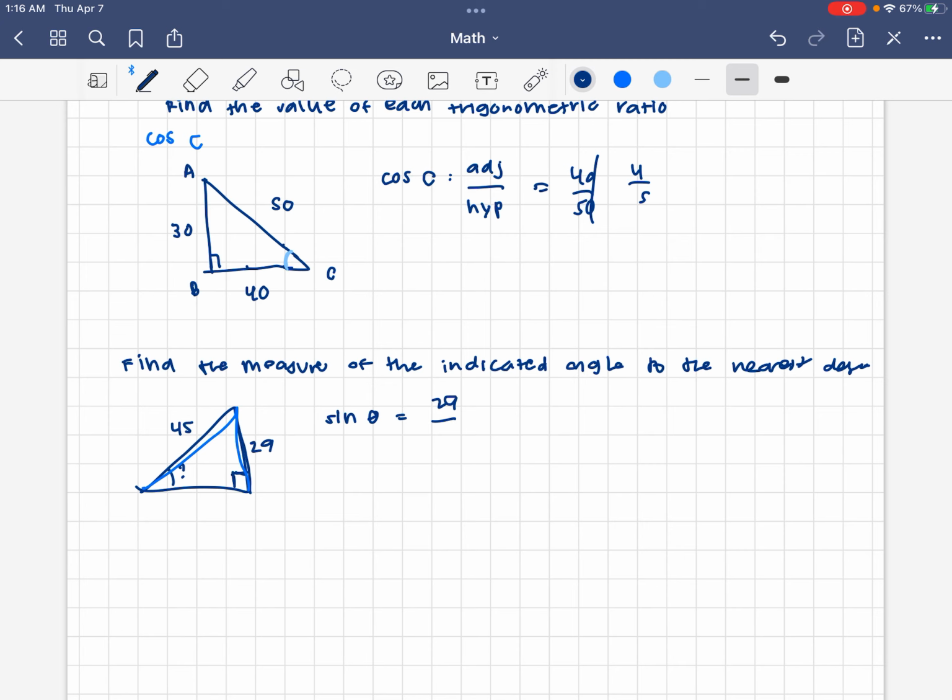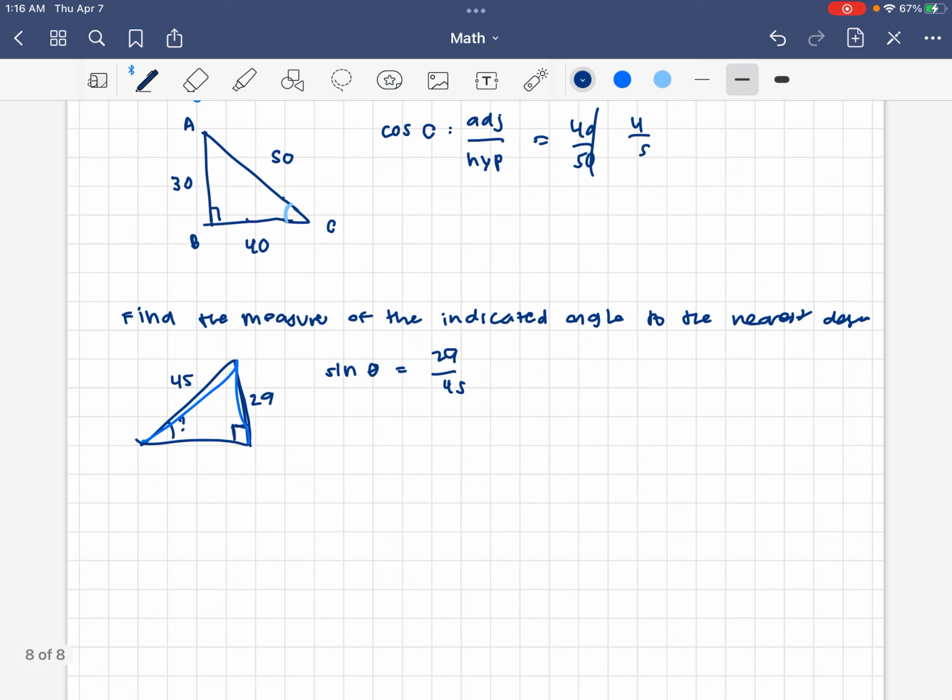29 over 45. To isolate theta, we have to get rid of sine. To get rid of sine, we apply sine inverse to each side, and that gets rid of sine. So now we're left with theta equals sine inverse of 29 over 45.